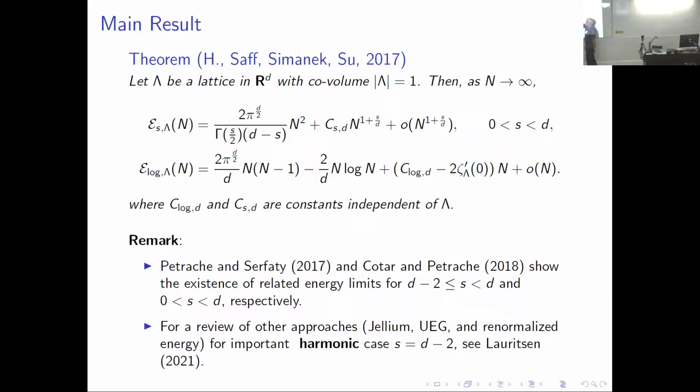The second order term for the periodic energy, so this is, when you take the lattice, written with covolume 1. This is the term we talked about last time. This is going to be the term coming from the integrable kernel part, the n squared term.